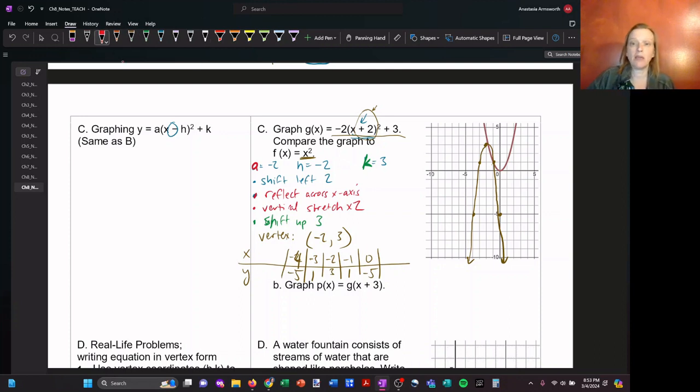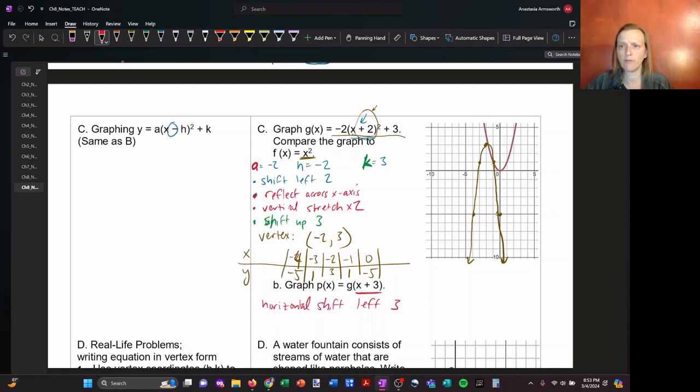So for part B, when we see this change in parentheses, we know we're changing the input value. And therefore, this is going to be a horizontal shift, because we're changing the input value. The change is in parentheses, and the change is going to be opposite to what we expect. So we're going to have here a horizontal shift, and we're going to shift left 3.